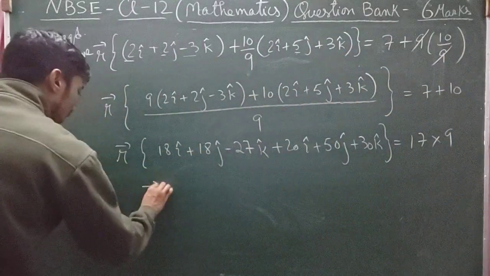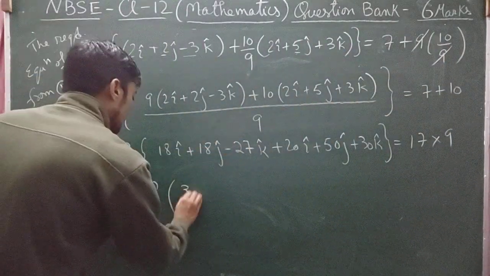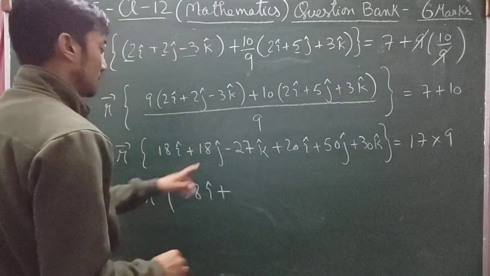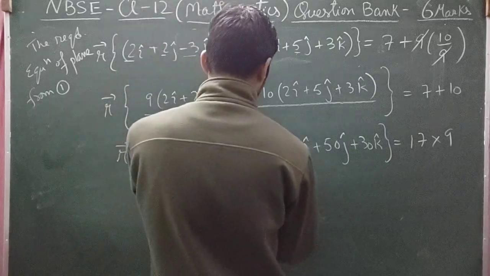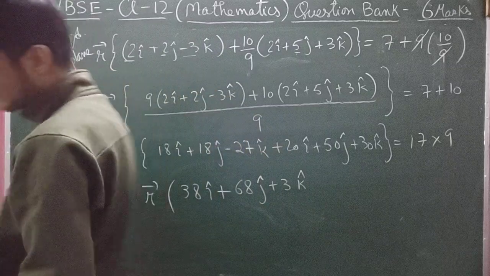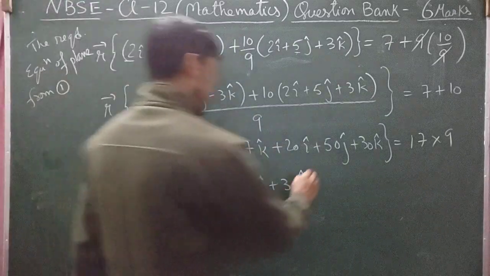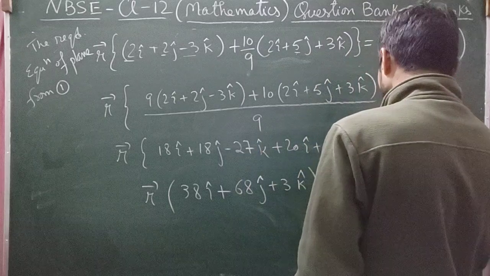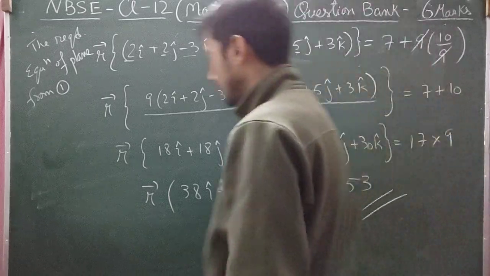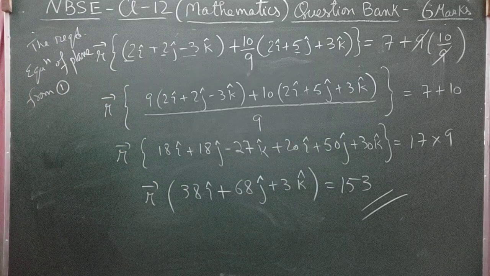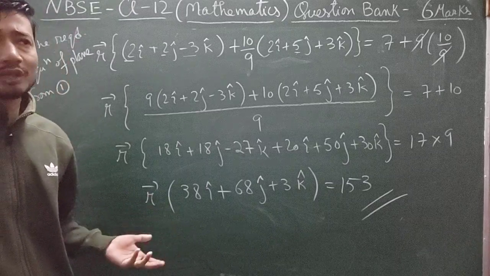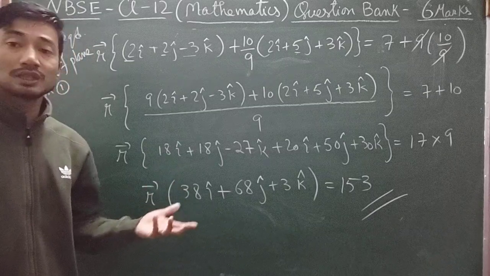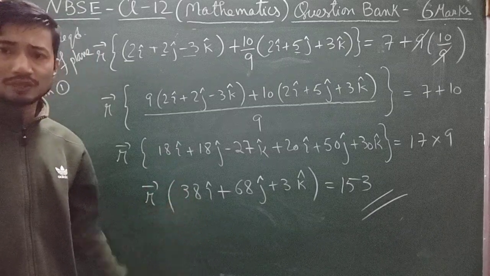So that's like vector r dot, 18 plus 20, that is 38i, plus 68j, plus 3k, is equal to 7 nines are 63, 6 left, 153. So this is our required equation of the plane passing through the intersection of two planes. So it's not a very difficult question. You just have to find out the value of lambda simply by using the concept of dot product, nothing much.